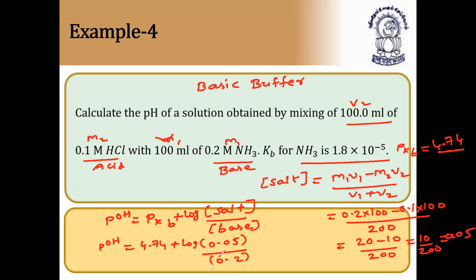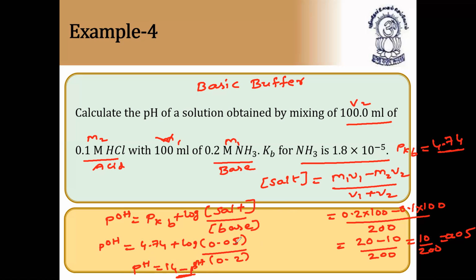So 0.05 divided by 0.2 is equal to 0.25. By this you can write pOH is equal to, and from this you can do the calculation, 100% you'll get pOH. After getting pOH, we'll get pH is equal to 14 minus pOH.